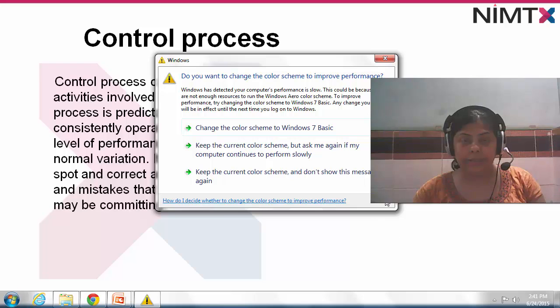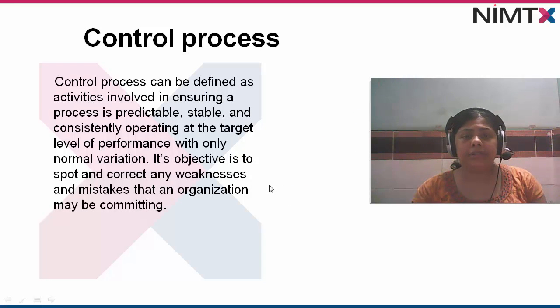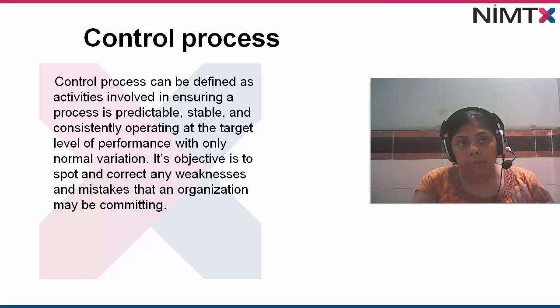So control process checks there is a standard which is set, and the control process checks whether the things are going according to the standard that has been set. There can be normal variations.